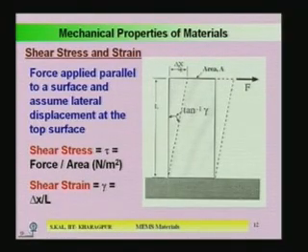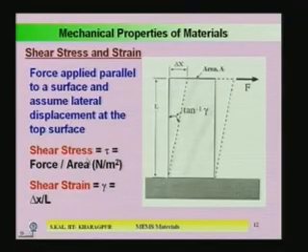So, what is the change, delta x? Delta x is the change in the direction in which you have applied the force. Now, this displacement delta x divided by L, the one side of this particular object, that is, the displacement delta x by applying force F at the surface divided by L, is known as the shear strain, denoted by gamma.